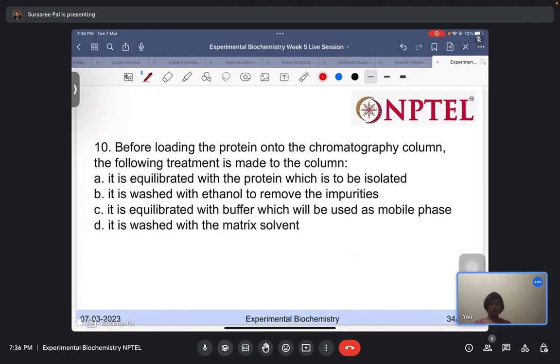Next question. Before loading the protein onto the chromatography column, which are the following treatments that should be done?